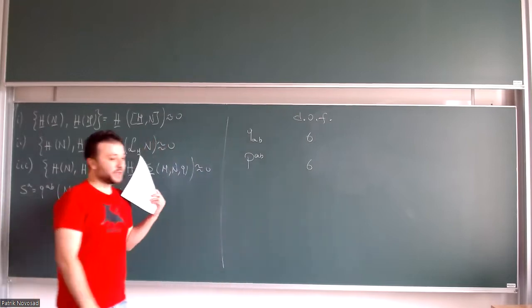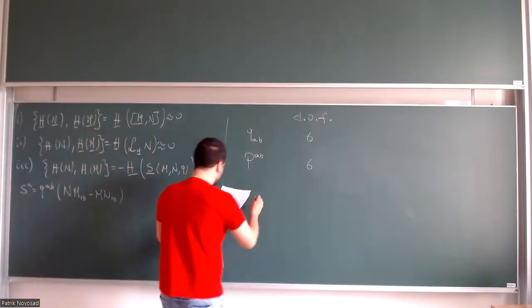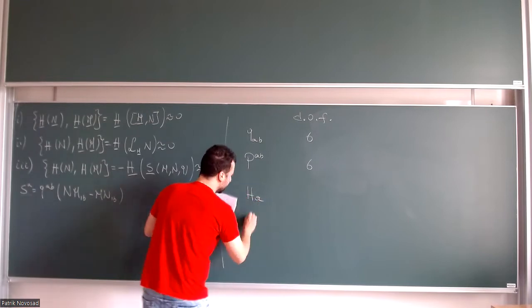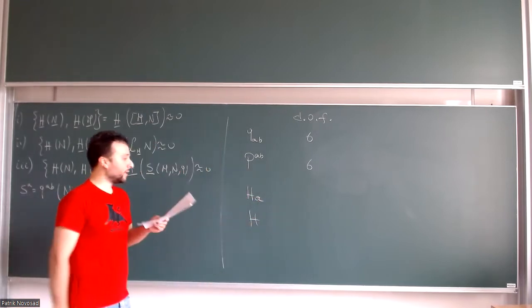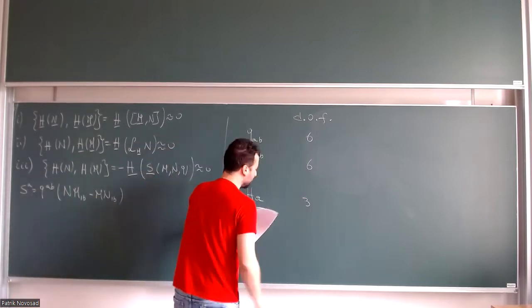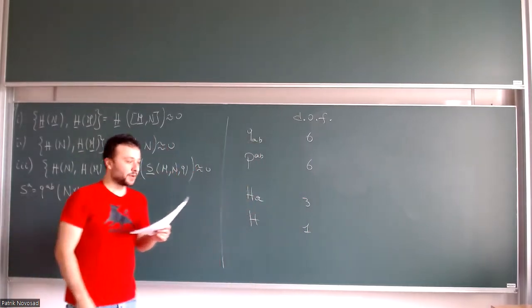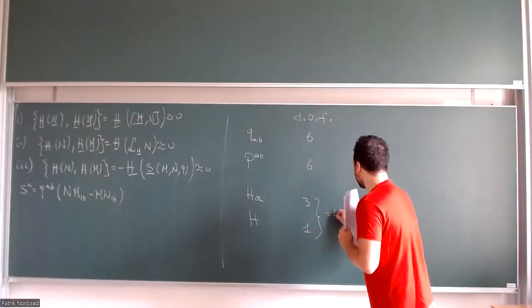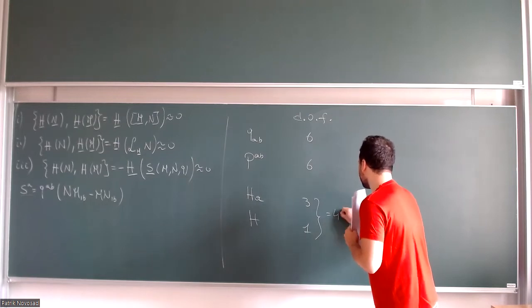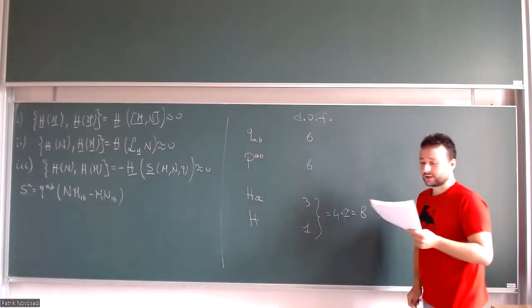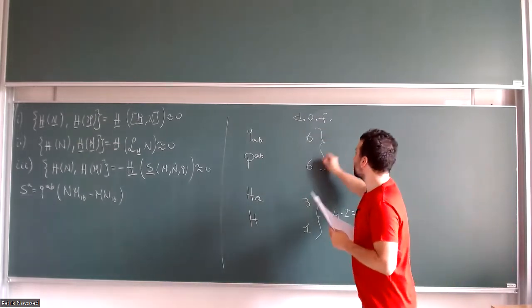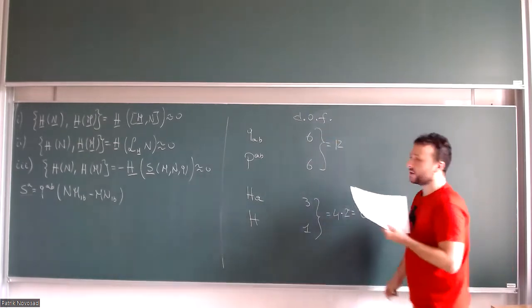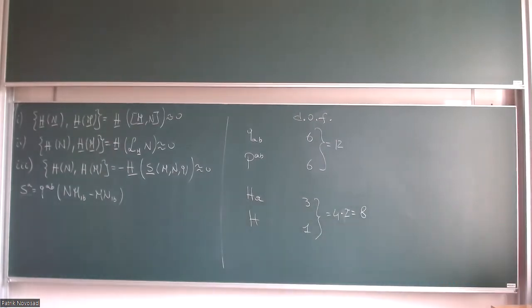And then we have the constraints H_A and H, with 3 degrees of freedom here and 1. But since they are first class constraints, they give 4 by 2, 8 degrees of freedom. So basically we have in total 12 minus 8, 4 degrees of freedom for the theory.